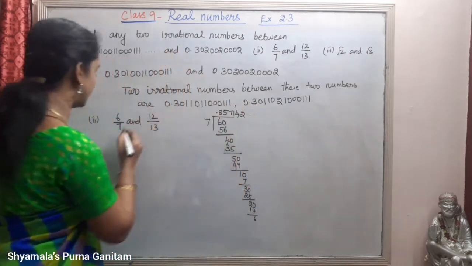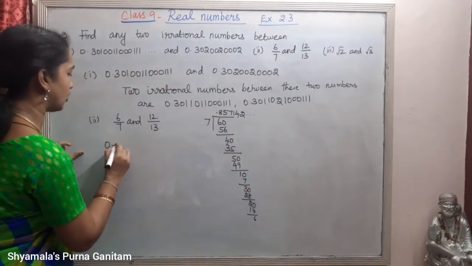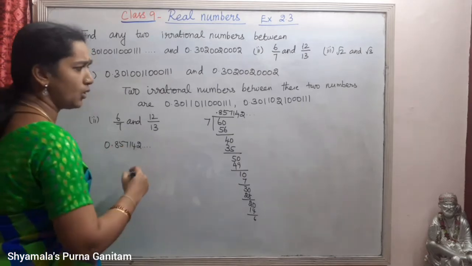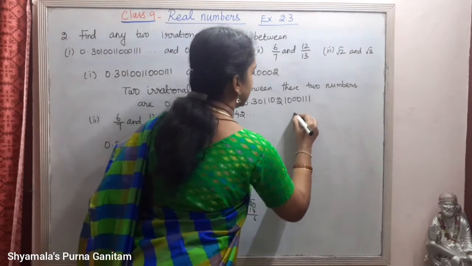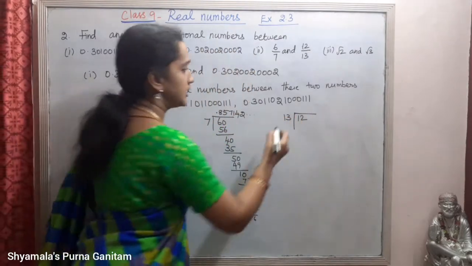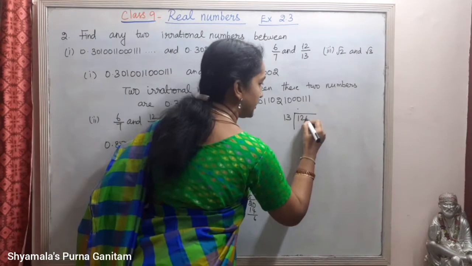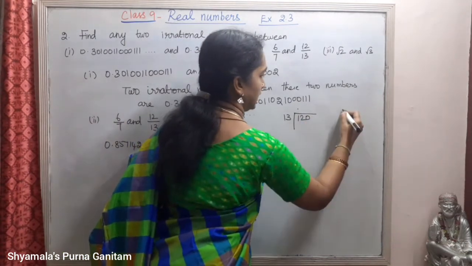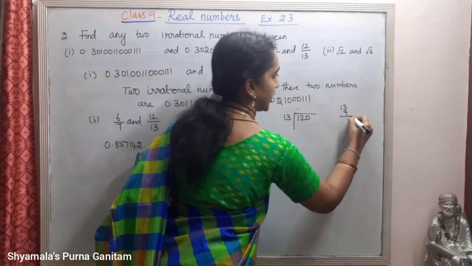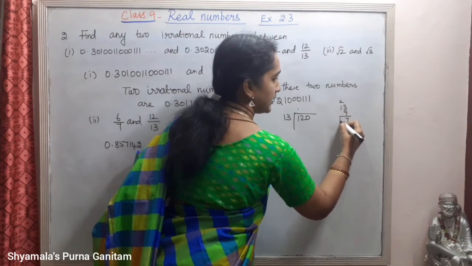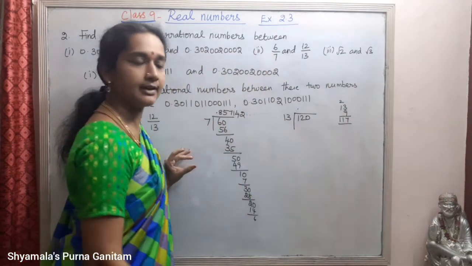So the first one is 0.857142. Okay. Then next one is 12 by 13. We'll keep a decimal point, 120. 9 times we'll check. 9 3s are 27, 2. 9 1s are 9. Plus 2, 11. 170.